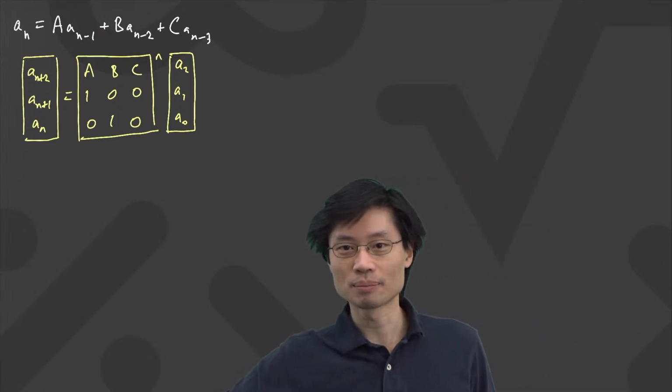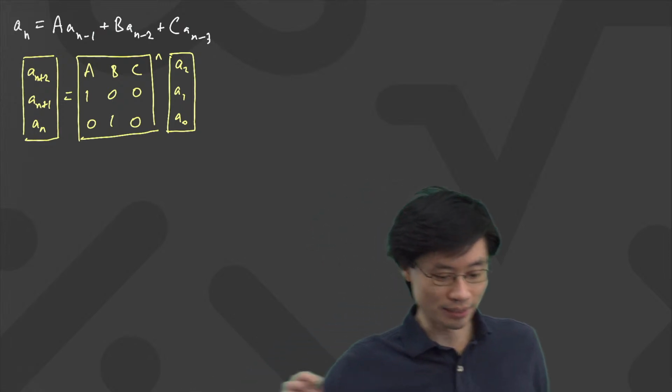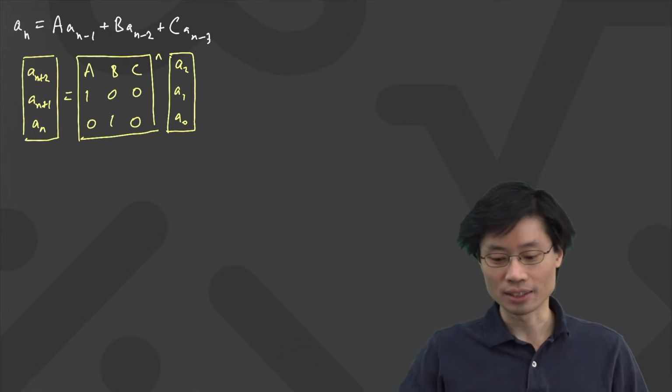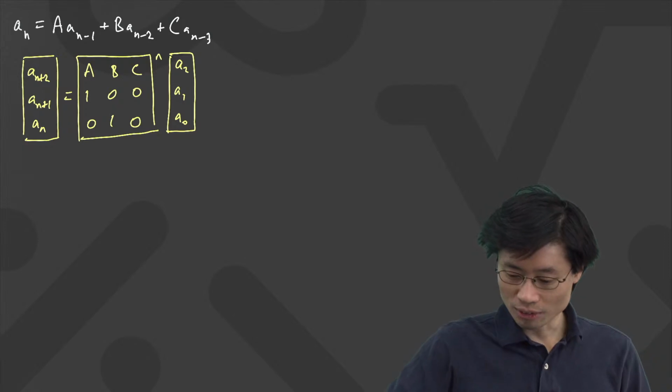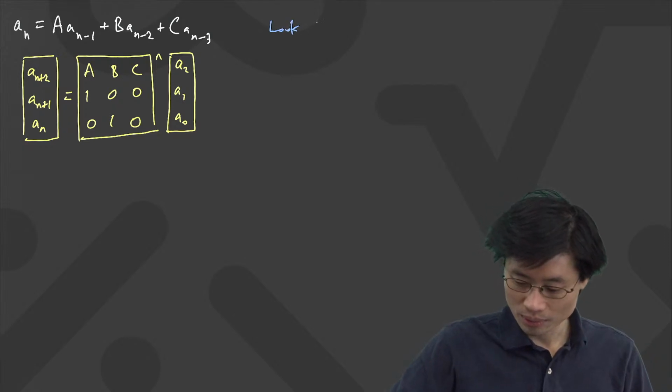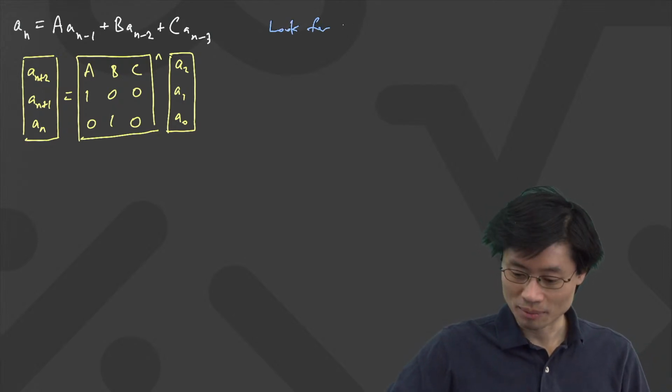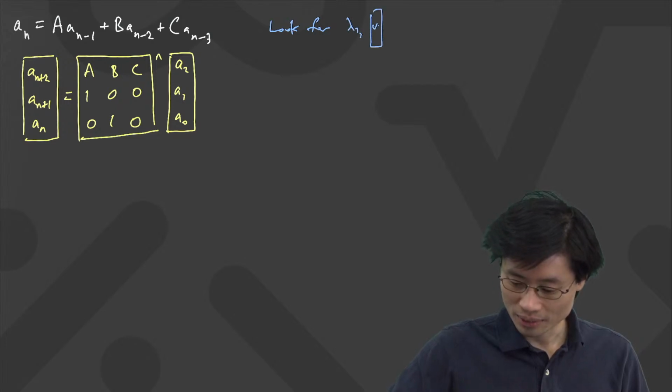And to take the power of this matrix, we wanted to turn it diagonal again. And the way that we tried to turn it diagonal is we said, let's look for some lambdas and some v's. It's like lambda 1 and a vector v1, all the way to a lambda 3 and a vector v3.